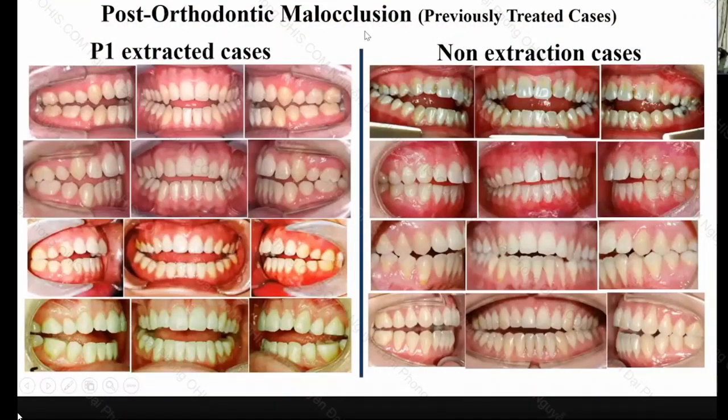So let me show you previously orthodontically treated cases. For example, here are the premolar extracted cases. All these cases were previously orthodontically treated with 4 bicuspid extraction.